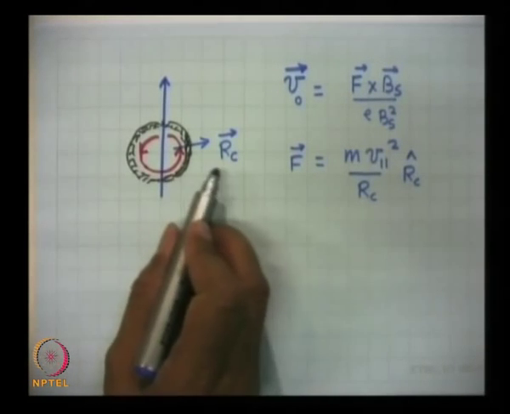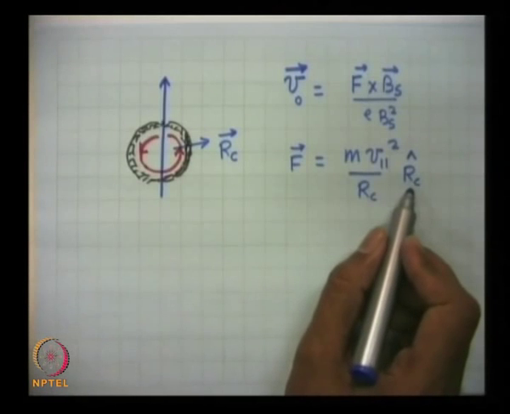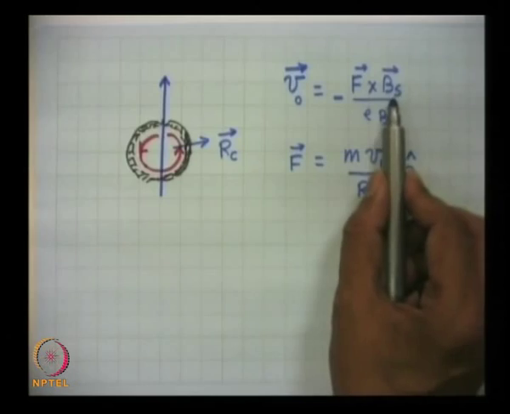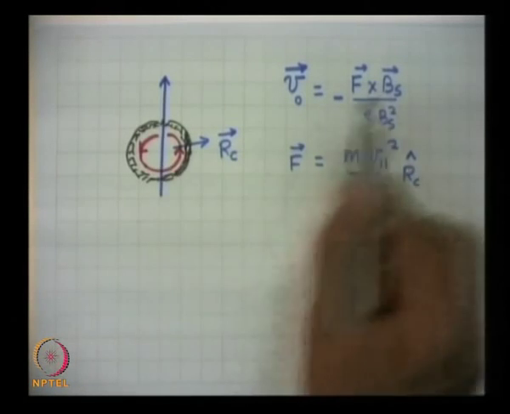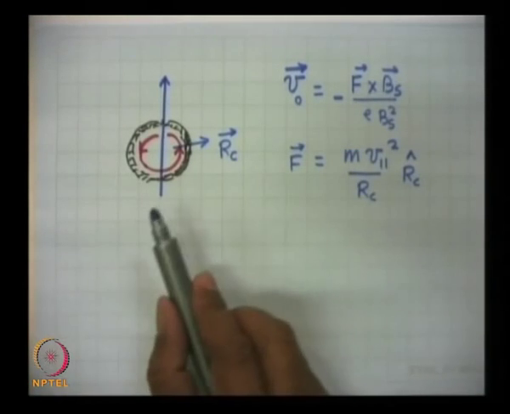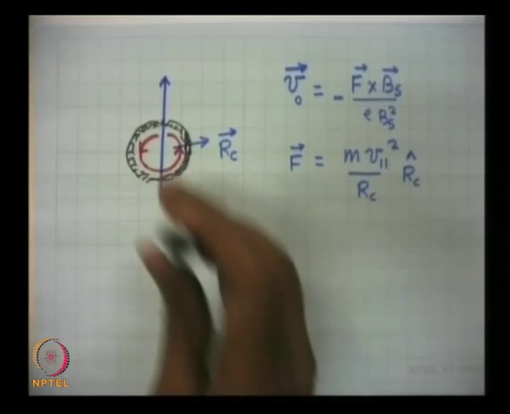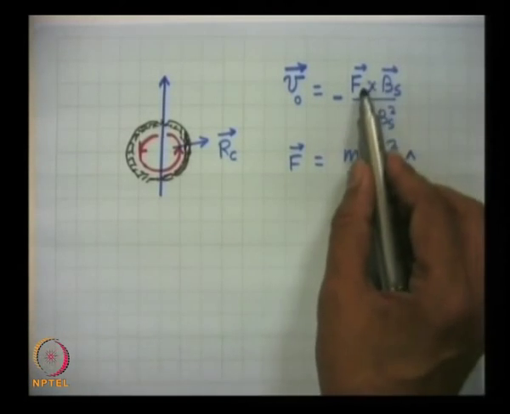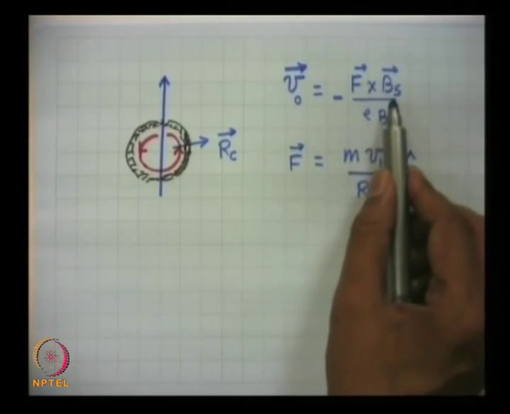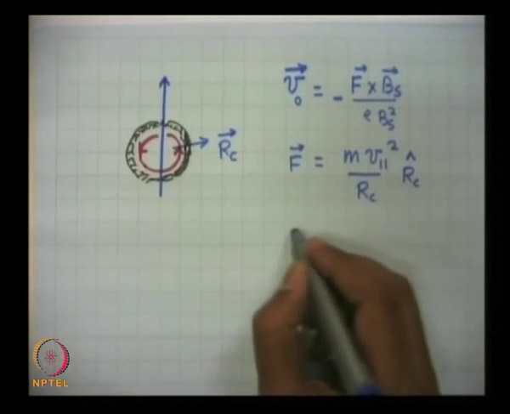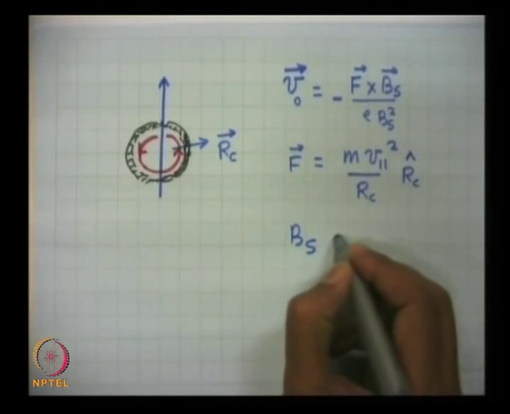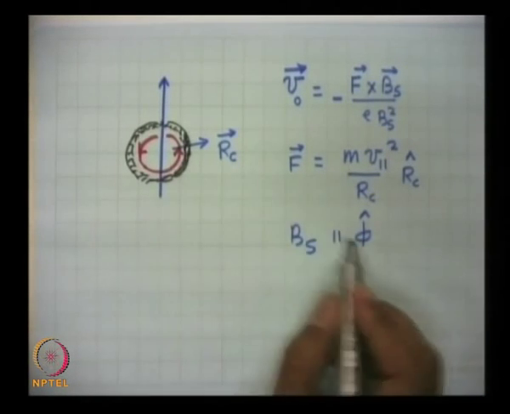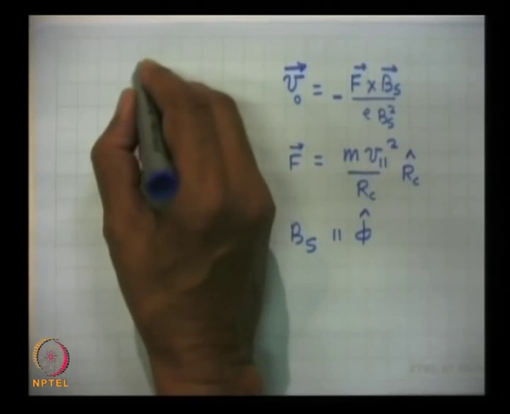So what really happens here is that under this force, this negative sign here, suppose I choose the magnetic field in the z direction. Not the magnetic field, rather in this case B is in the toroidal direction, parallel to the phi direction. The current that produces this magnetic field is in the z direction.